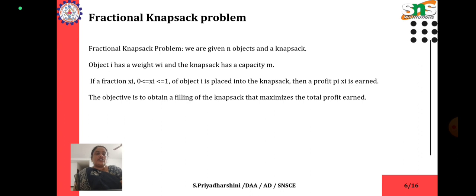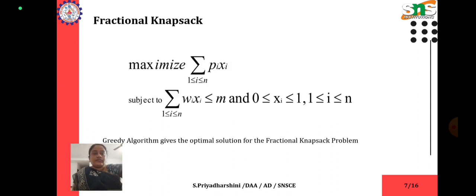The objective is to obtain a filling of the knapsack that maximizes the total profit earned. So this is how the fractional knapsack is: maximize the sum of Pi xi subject to the sum of Wi xi less than or equal to m and 0 less than or equal to xi less than or equal to 1, for all i from 1 to n.